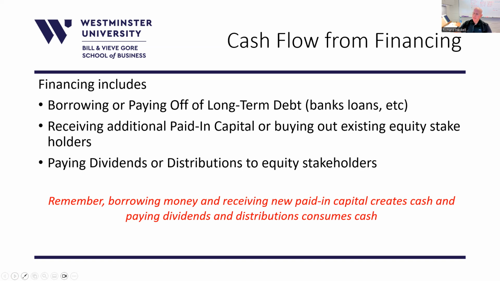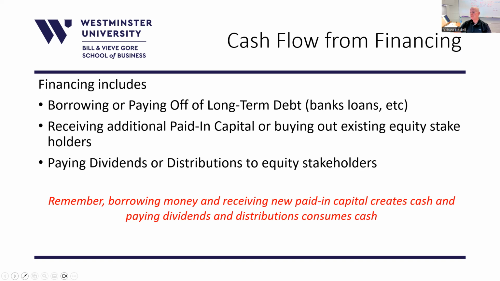So if our company borrows money from a bank, then that's a positive cash to the company, so that increases cash flow. If we pay off an existing loan, all or in part, that's a negative to cash flow. If we receive capital from equity investors, we call that paid-in capital, that's a positive to cash flow.